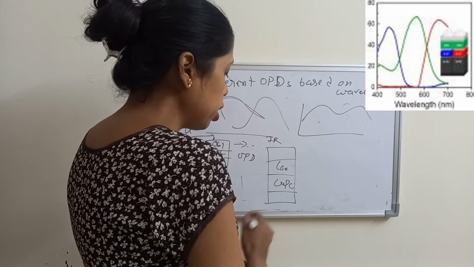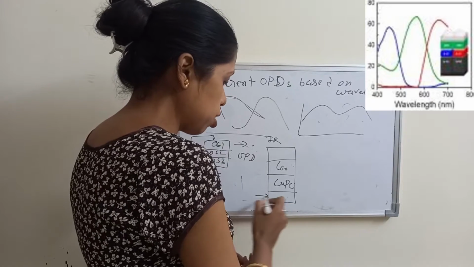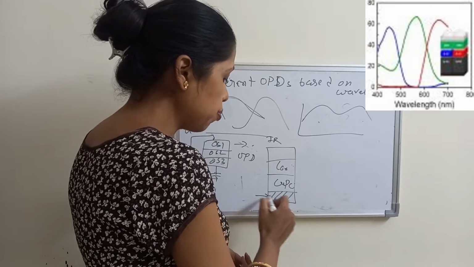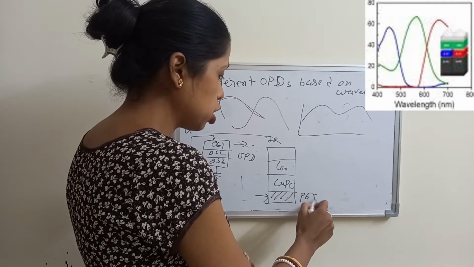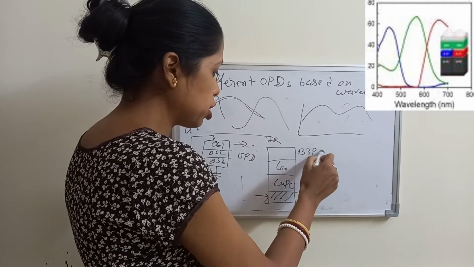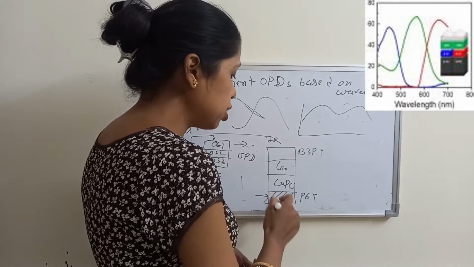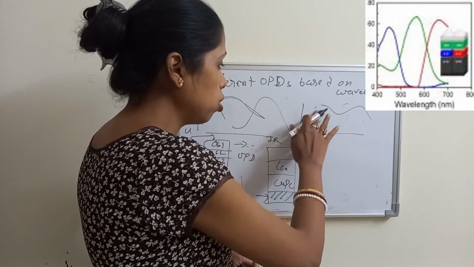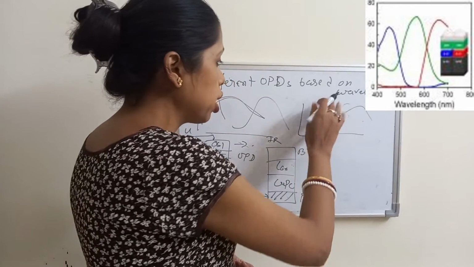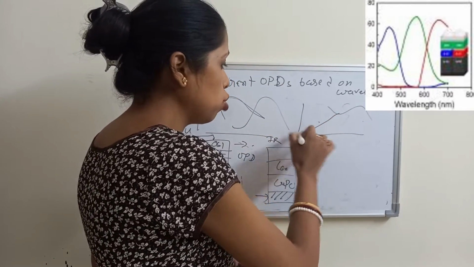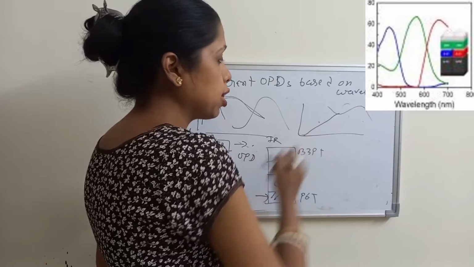But if we add an additional layer, suppose P6, B3PT, such a kind of additional layer, then by adding this layer and with the help of the bias condition, it can absorb blue light. It can only detect the red light.